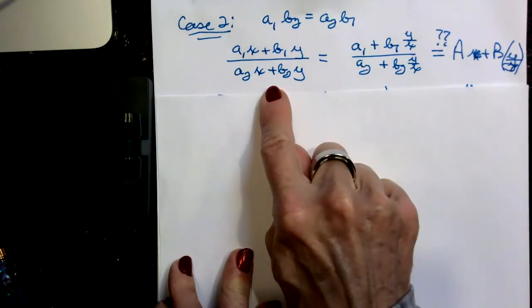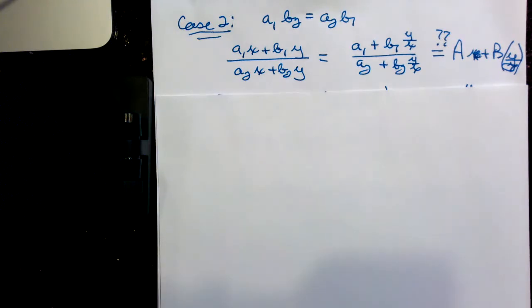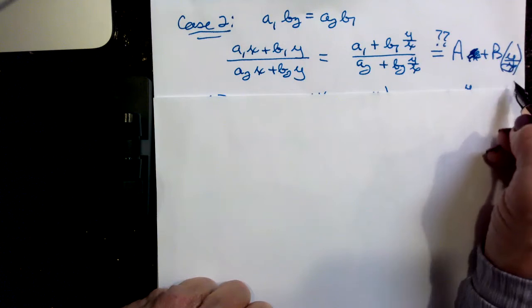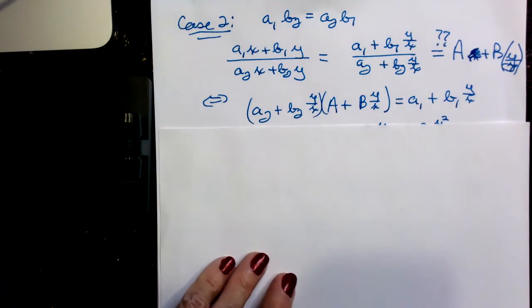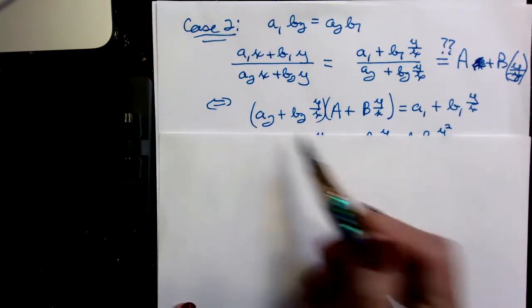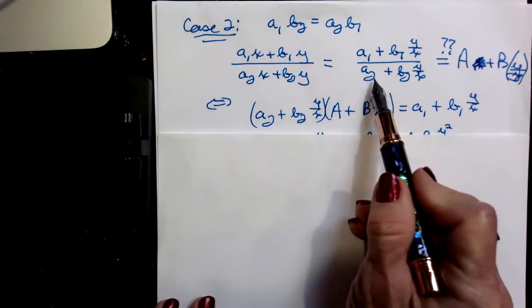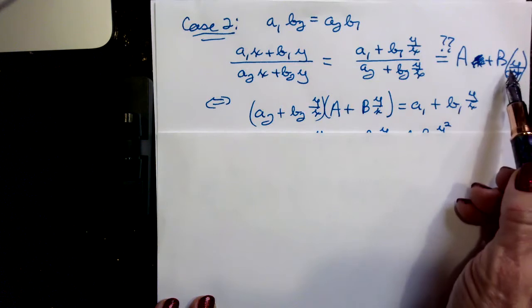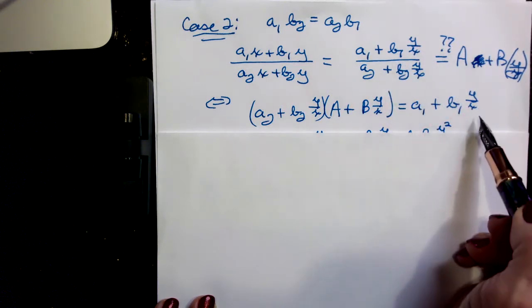So notice that I can write this ratio in this form. And I want to know, when can I write that, looks a little cleaner to do it this way, as a plus b times y over x. Okay, so in other words, let's take this equation and multiply through by the denominator. So that gives me a2 plus b2y over x times a plus by over x, and that's going to be equal to a1 plus b1y over x.